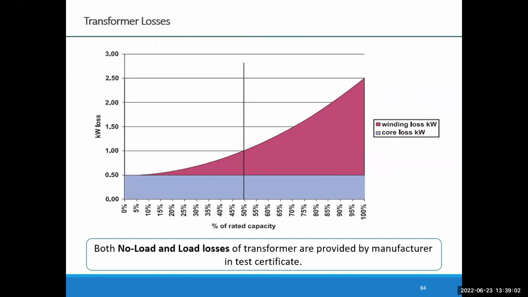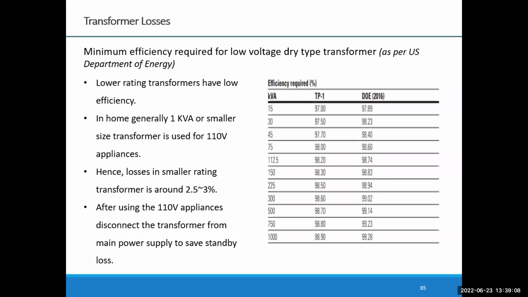These loss data will be provided by the supplier on the test certificate. Some typical efficiencies of these transformers are listed here. This is the minimum efficiency requirement for low voltage dry type transformers as per the US Department of Energy. Low rating transformers have low efficiency.